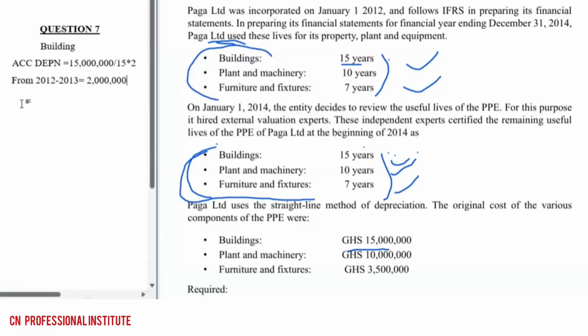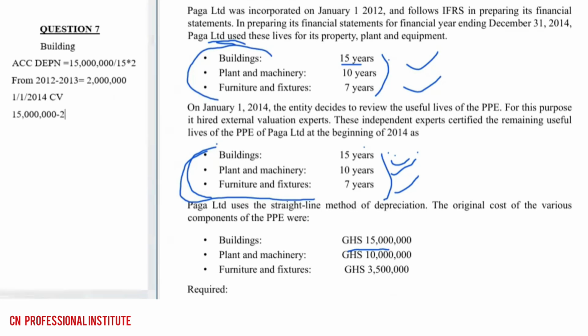Good. When we come to 2014, we need to get the carrying value. As at 1st January 2014, what is the carrying value? The carrying value will be equal to the 50 million cost, minus the accumulated depreciation we've calculated, and that's 2 million.